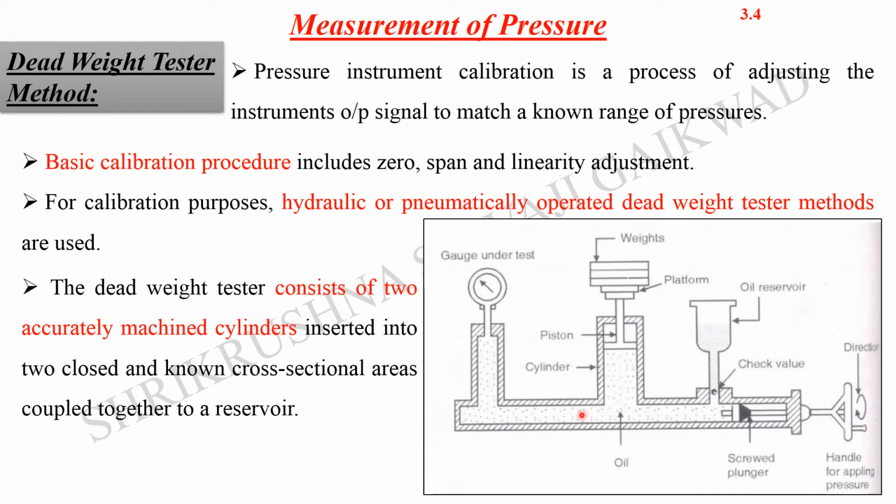Now here you can see the schematic representation of the dead weight tester method. The gauge is shown over here. Then the weights are placed on the platform, which sits on the piston, a frictionless piston in one of the cylinders, and then there is another cylinder with an oil reservoir, having a similar cross-sectional area, on which we apply the pressure.